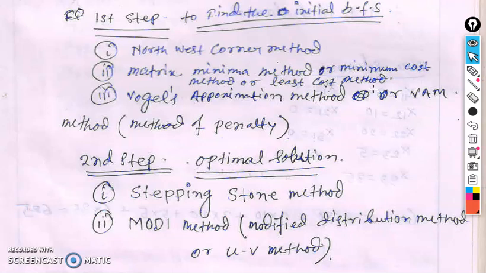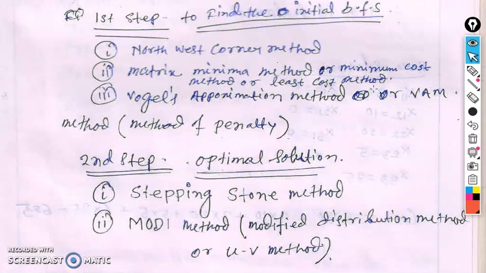That's why we use the concept of the optimality test. You can do the optimality test in two different methods. One is the stepping stone method, another one is the Modi method, which is also known as the modified distribution method or UV method.